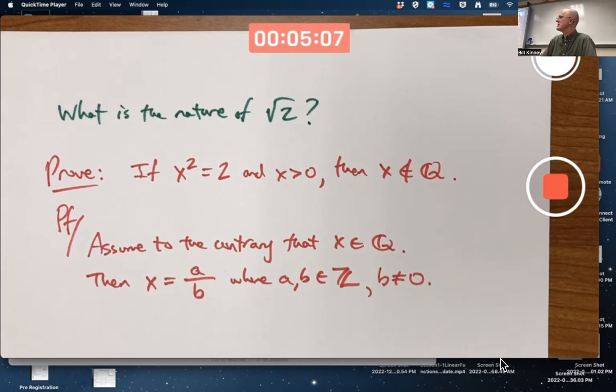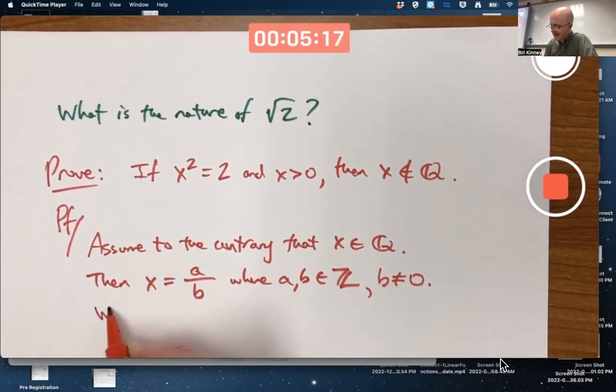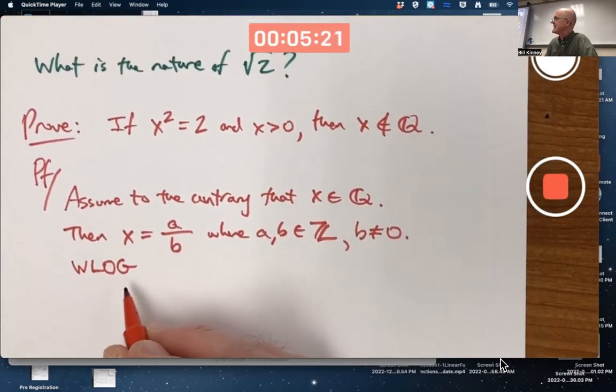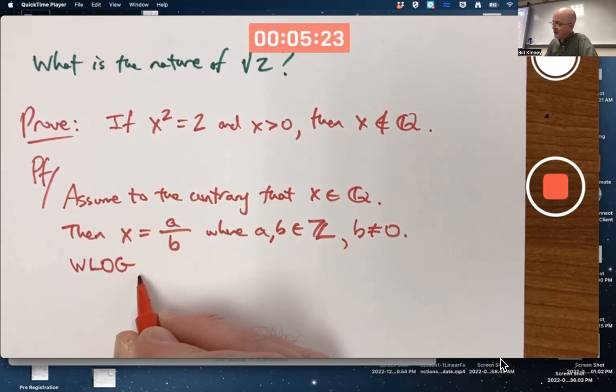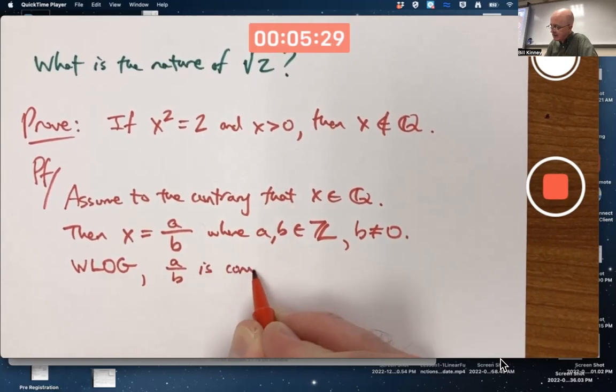You can reduce the fraction. You can always reduce your fraction, right? So we can certainly assume, without loss of generality, that we have reduced this fraction. WLOG is the common mathematical shorthand for without loss of generality. A over B is completely reduced.